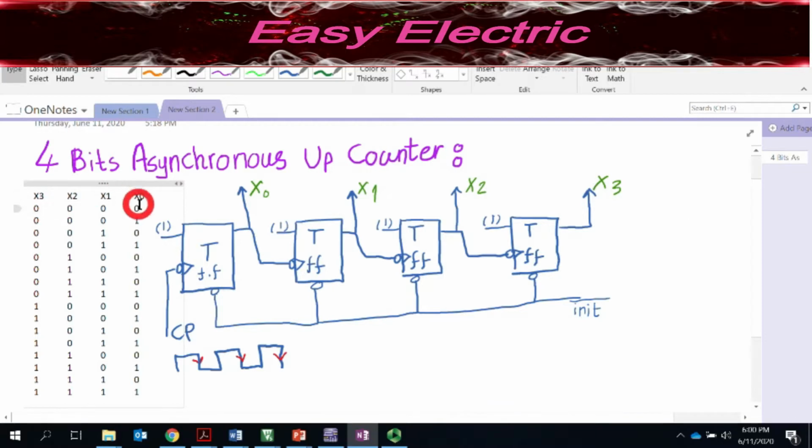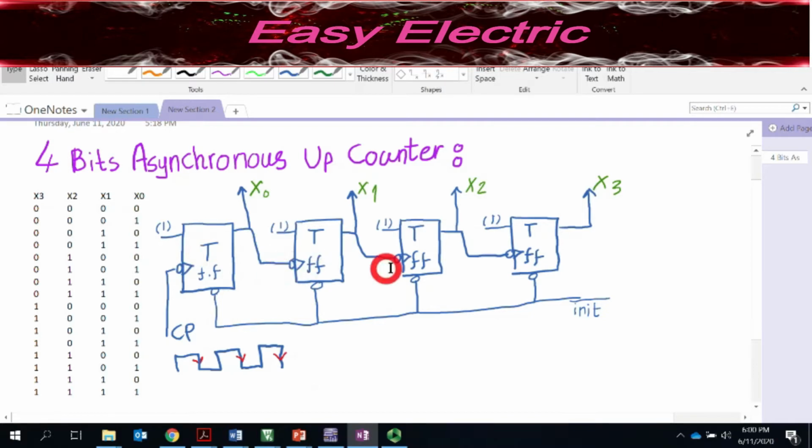The up counter starts to count from 0 and ends up with 15. You have 4 bits, and the biggest number you could have with 4 bits is 15. So the 4-bit up counter starts to count with 0, 1, 2, and ends up with 15 whenever it sees any of these falling edges.